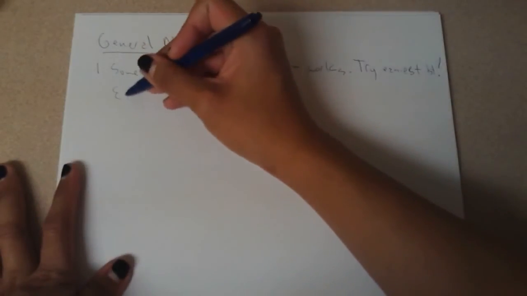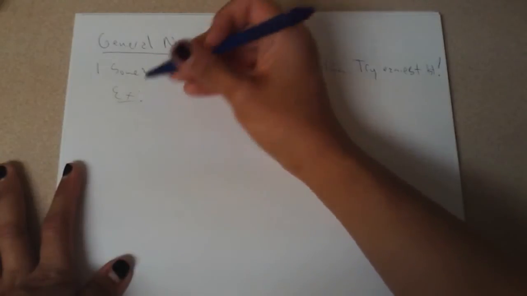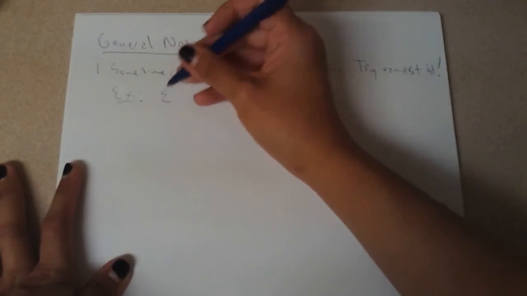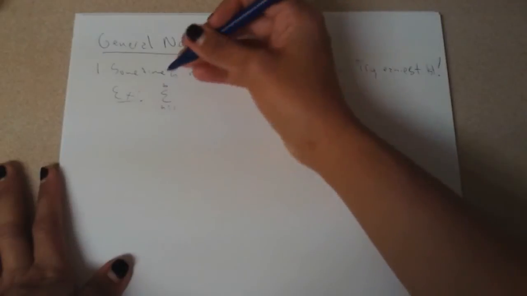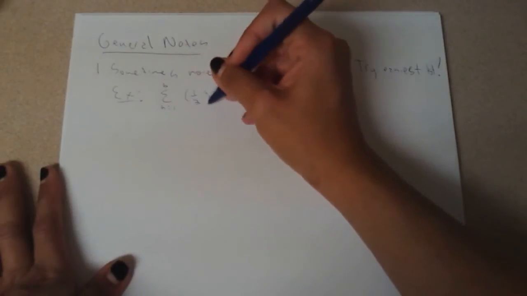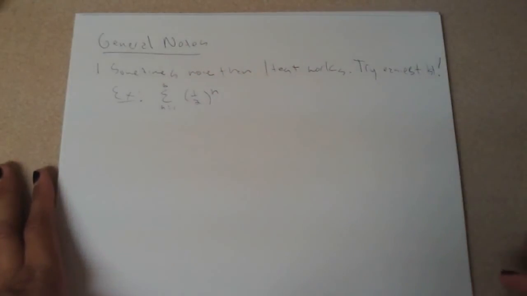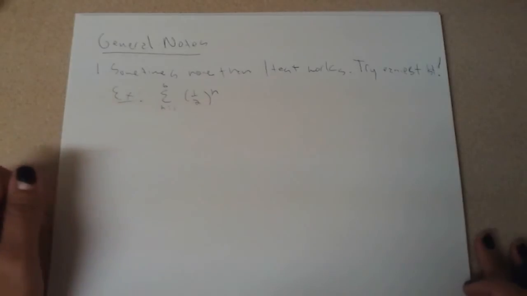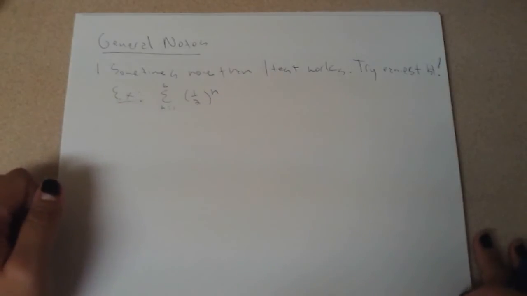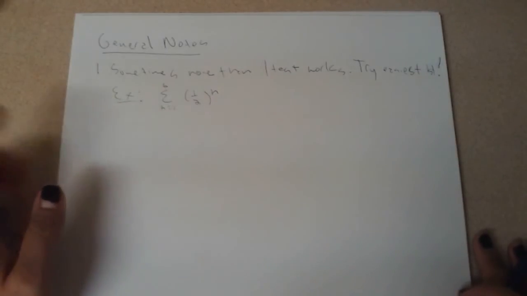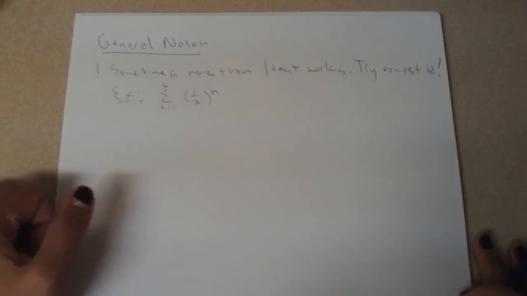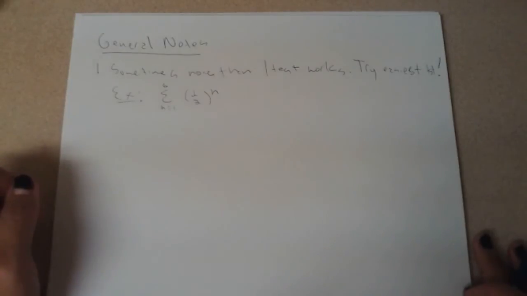I'll give an example. Say I'm looking at a series, n equals 1 to infinity, 1 over 2 to the n. There's a number of ways you could do this. If you really wanted to, you could set up the integral test for this guy. If you really wanted to, we could do sequences of partial sums and actually compute that this converges.